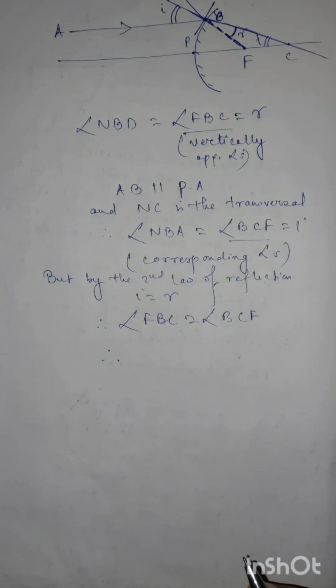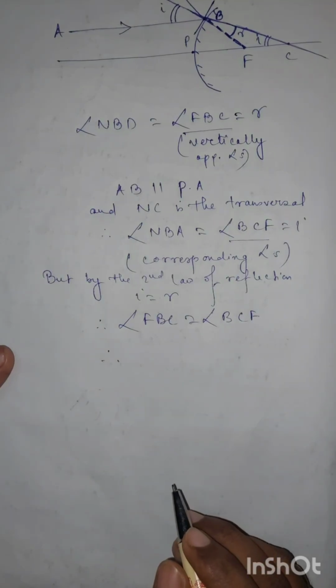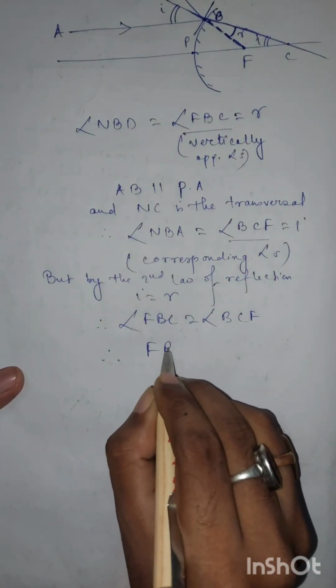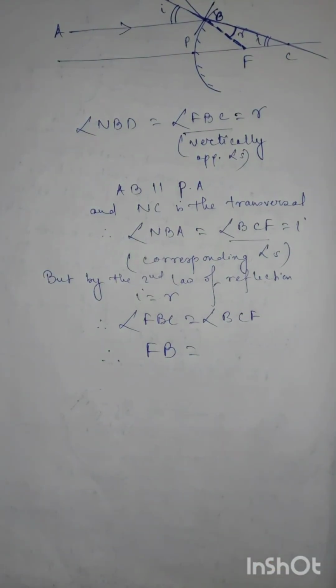Therefore, triangle FBC is isosceles. Therefore, FB is equal to FC.